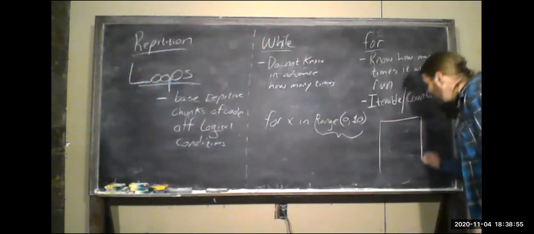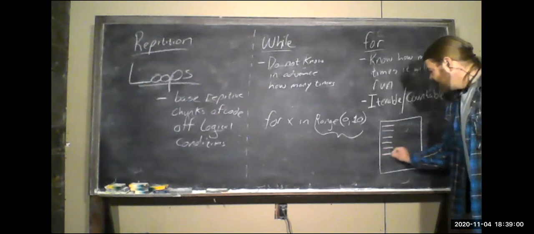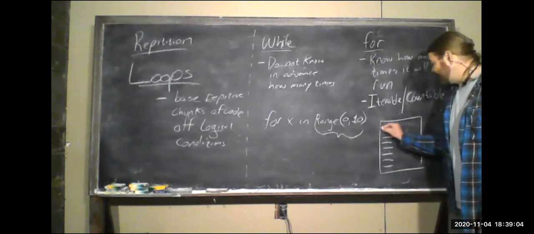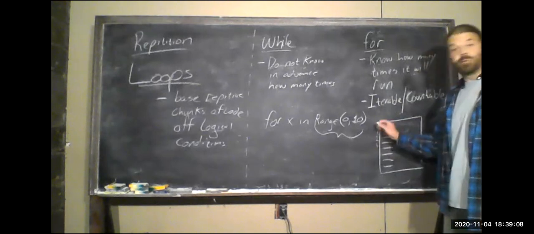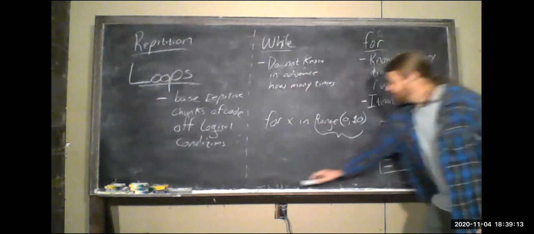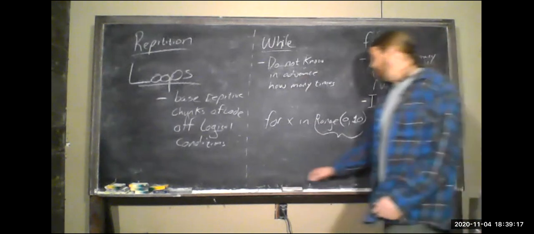An iterable thing. We have a text file with a bunch of lines of text in it. And we don't necessarily need to give each one of those lines a number, 0, 1, 2, 3, or whatever. Iterable or countable simply means there's definitely a starting point and definitely an ending point.